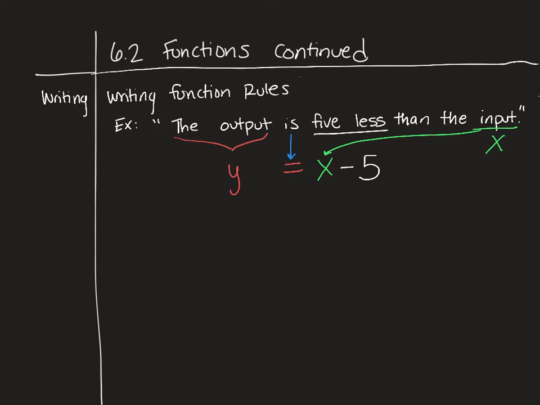So then the function rule would be y equals x minus 5. So the pattern or the rule would be y equals x minus 5. If we had a table, that would be the pattern, like they're subtracting by 5 each time.